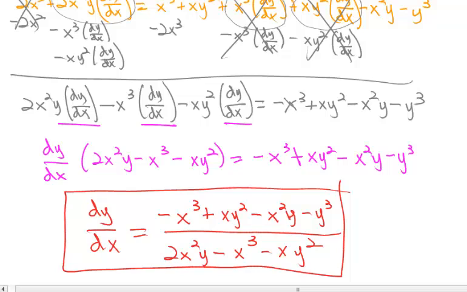And then solve for dy dx, which, no matter how ugly it gets, is the same every time. Get all the dy dx's on one side, everything without on the other side, so that we can factor out dy dx and divide. These take practice. Practice, practice, practice.